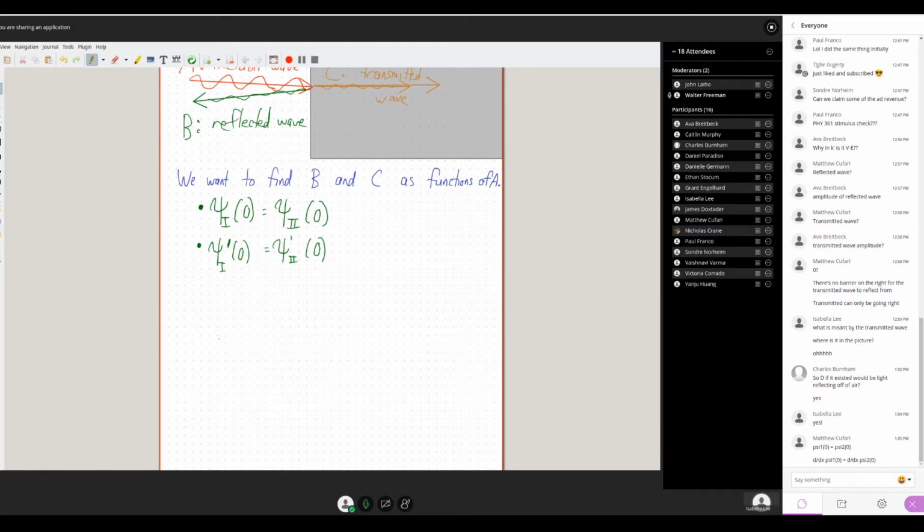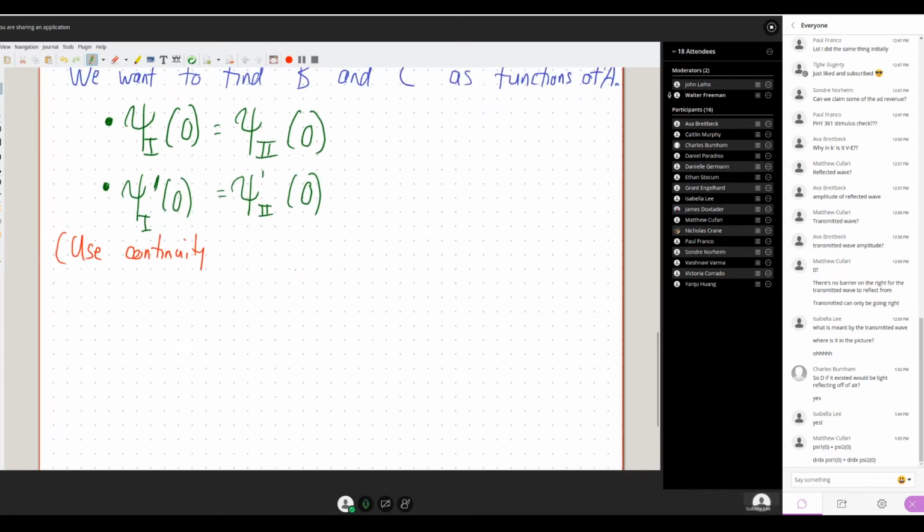So let me write down in words what we're doing. We're using the continuity of psi and psi prime.